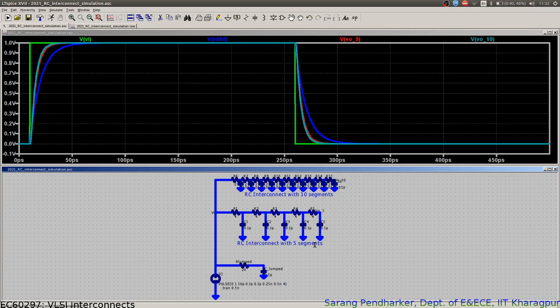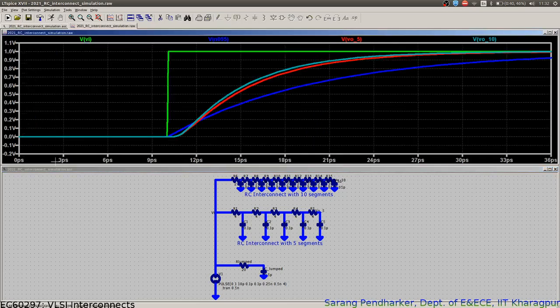We can see that going from 5 segments to 10 segments, the delay is decreasing, and it seems to be converging somewhere. Let us zoom in and look at where it is converging. If I zoom in here, this starts from 10 picoseconds.